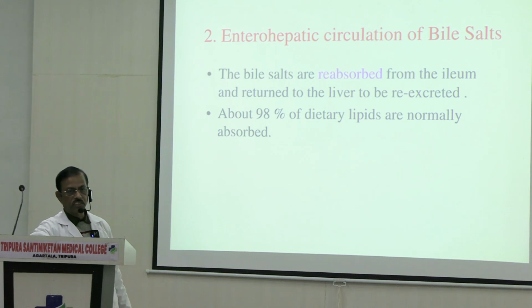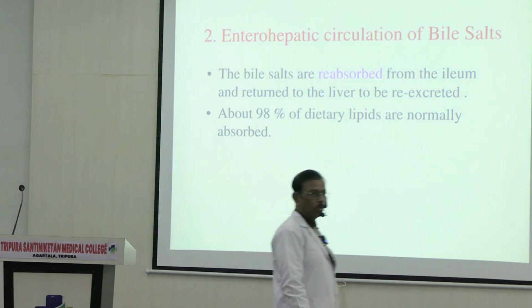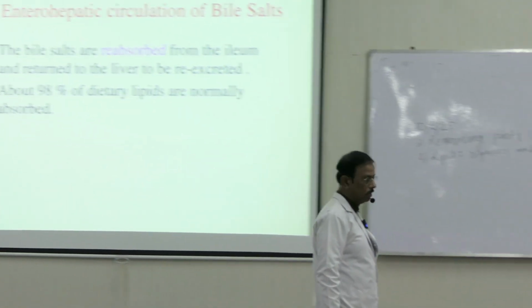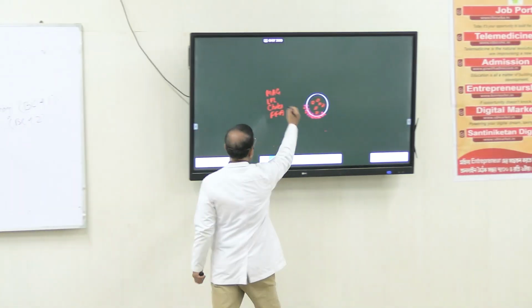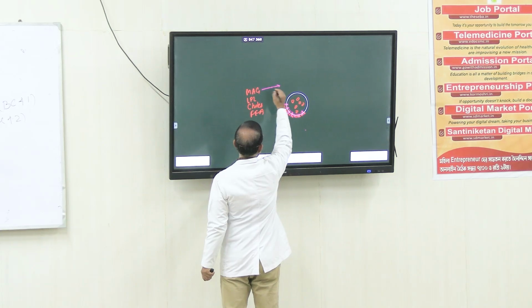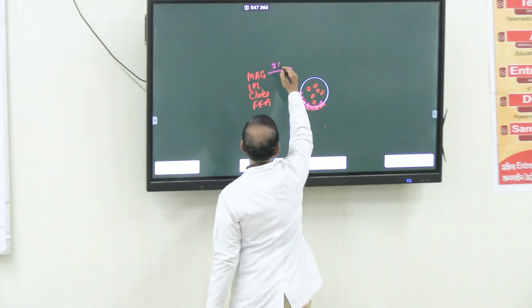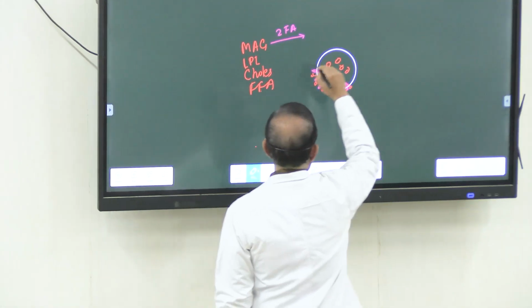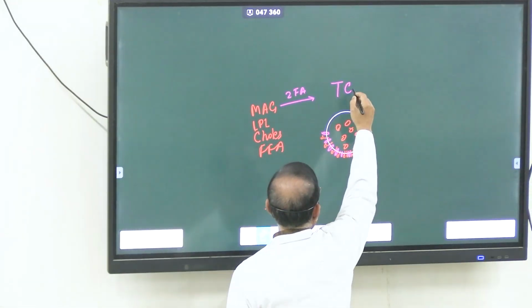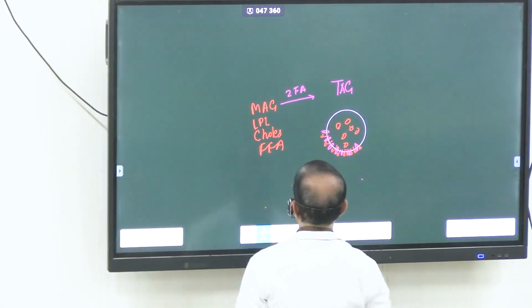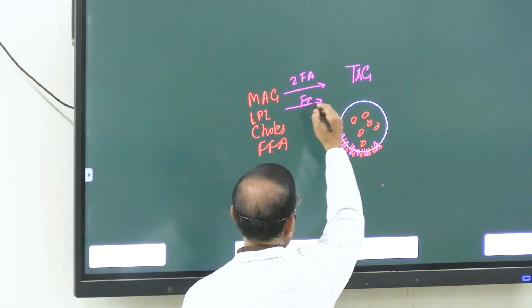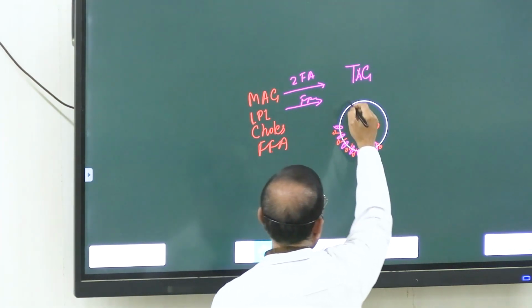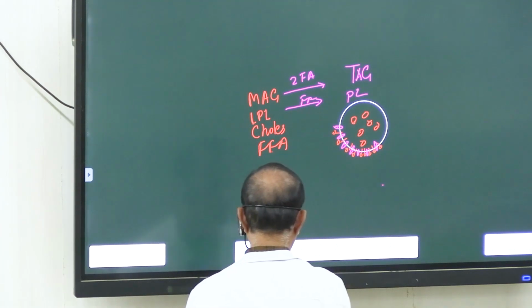Re-esterification of the molecules occurs. To monoacylglycerol, two molecules of free fatty acids are attached, forming triacylglycerol. To lysophospholipid, a fatty acid is attached to form phospholipids. Okay?